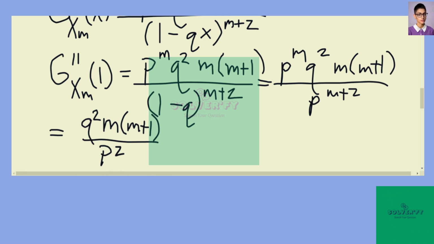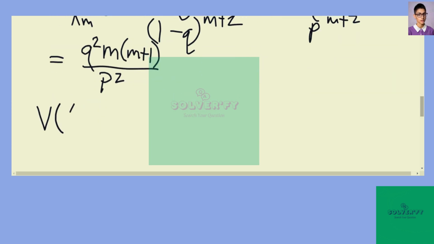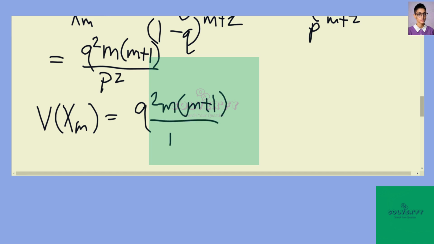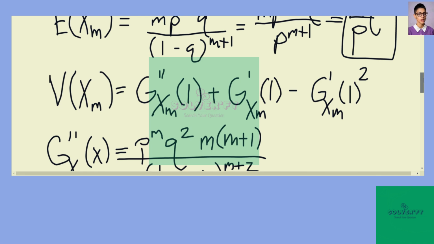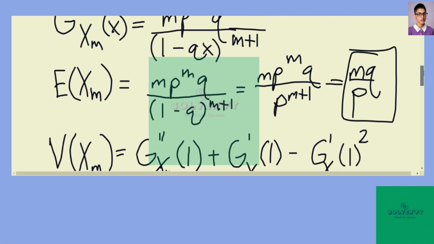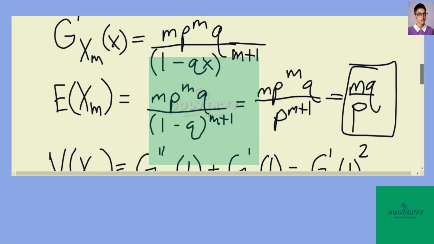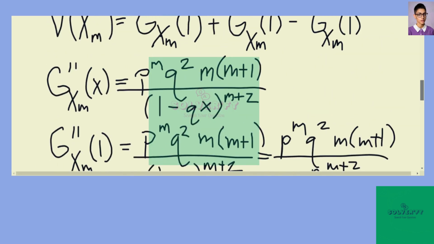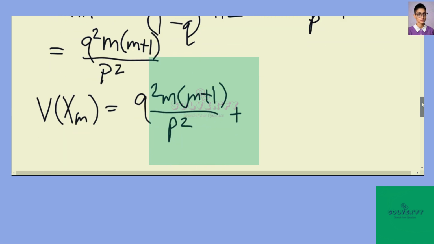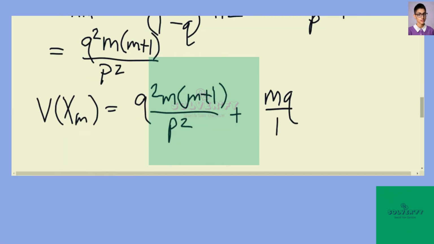And therefore we have that the variance of X_m is equal to q squared m times (m plus 1) over p squared, plus m q over p, minus (m q over p) squared.